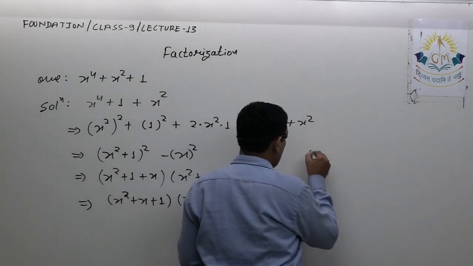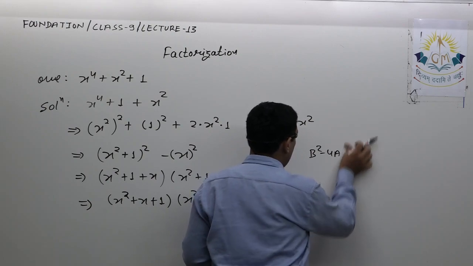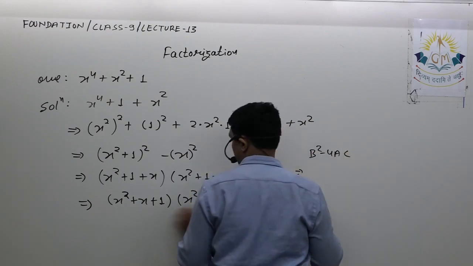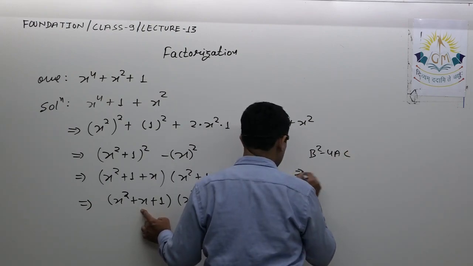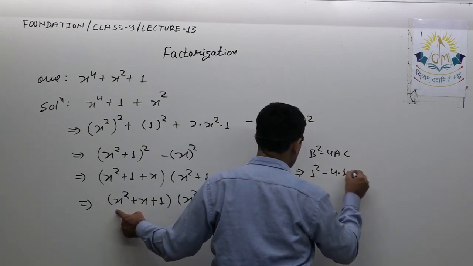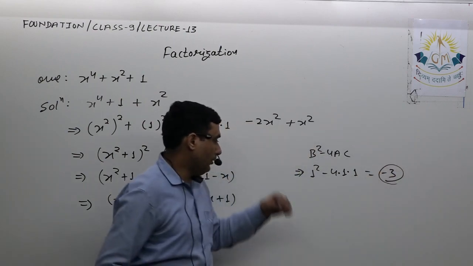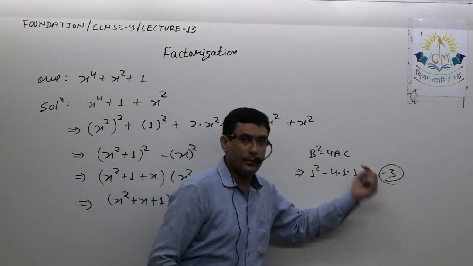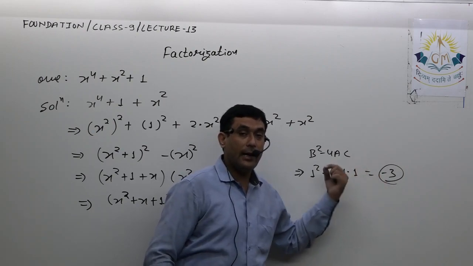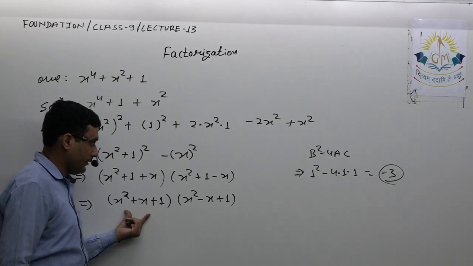I will find b square minus 4ac. Here b is 1, minus 4 into a is also 1, c is also 1, that is minus 3. Not only is this not a complete square, this is negative. What we need is exactly a complete square. That means it is not possible to factorize this.